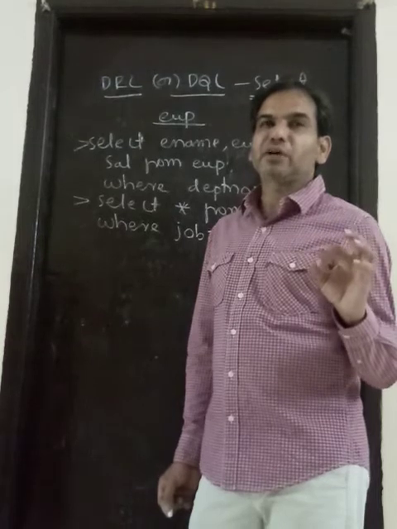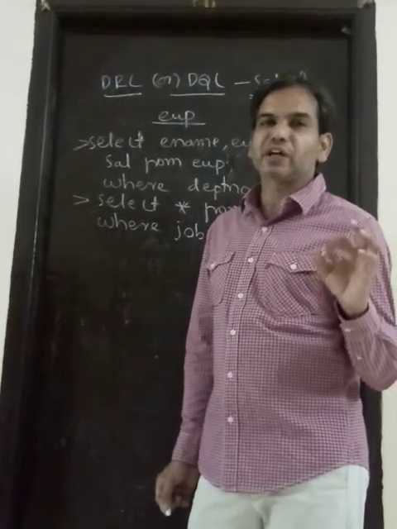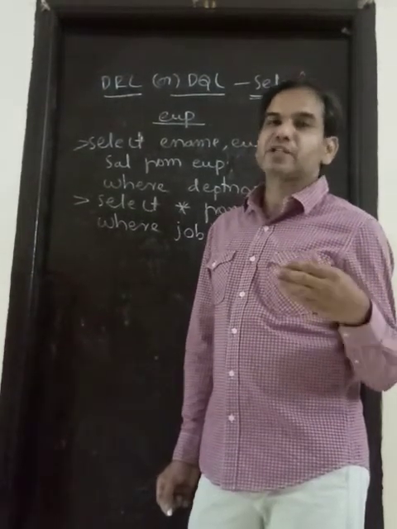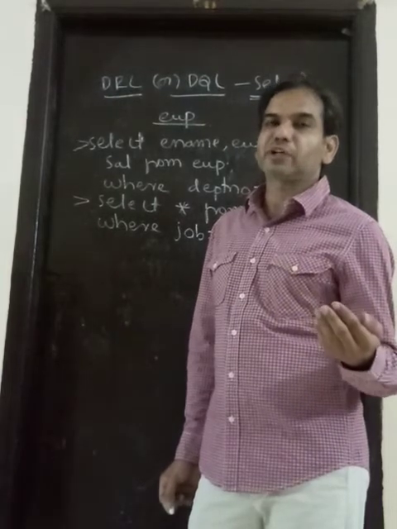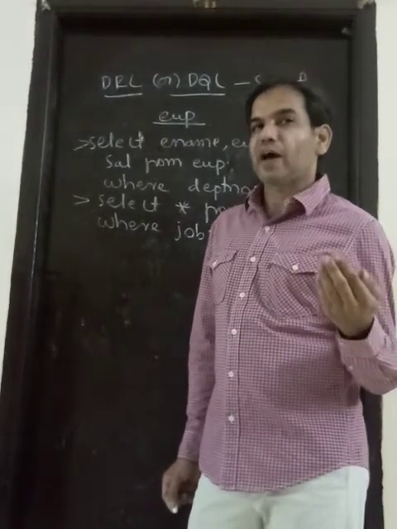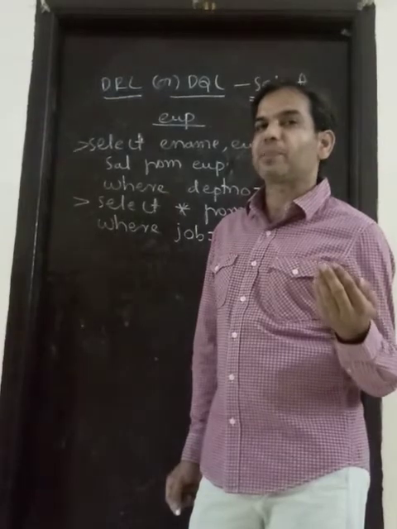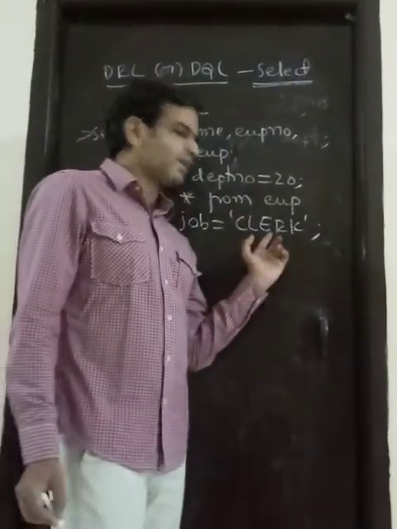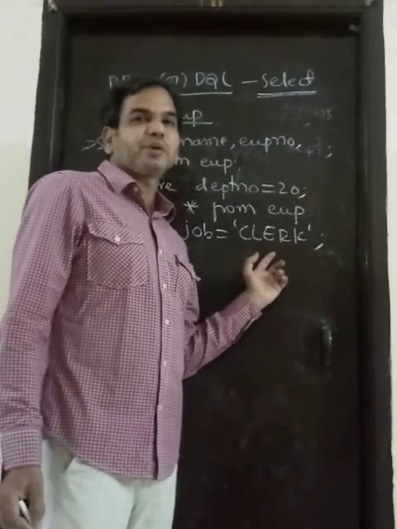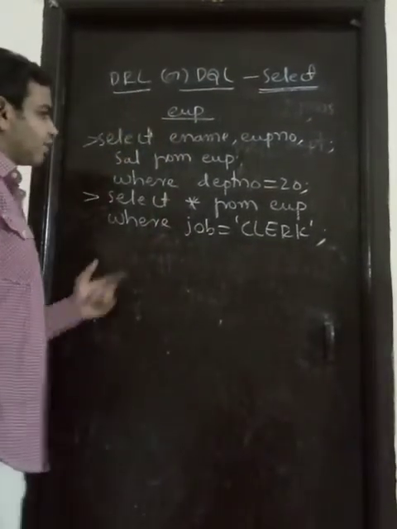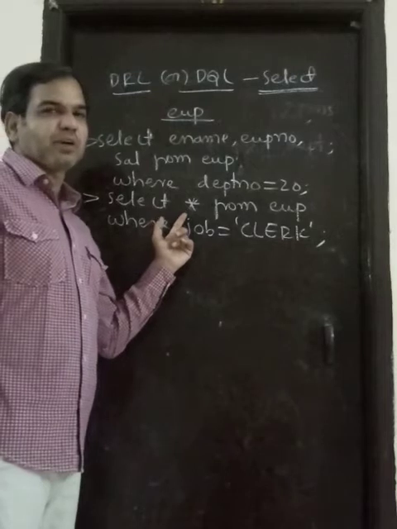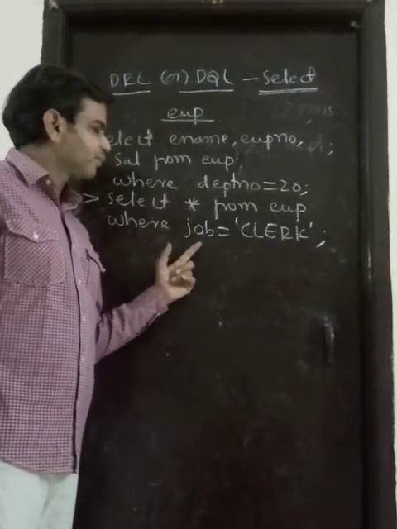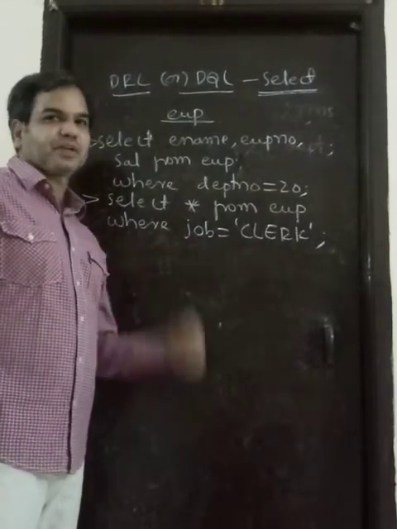If the employee table contains uppercase letters, in the where clause we should use uppercase. Mostly in the default employee and department tables, the alphanumerical values are uppercase. So in the where clause we compulsorily should enter uppercase, otherwise it will not display the result. So what will it display? It will display all columns of the table for those who are working with job as clerk. That is the meaning.